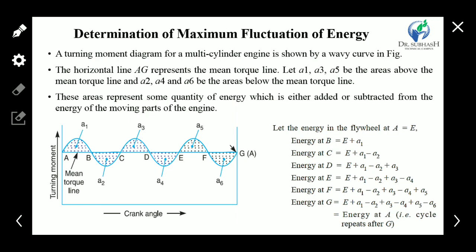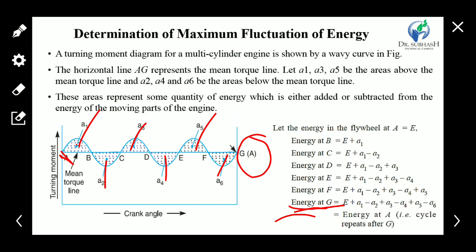And at G, it is E plus A1 minus A2 plus A3 minus A4 plus A5 minus A6. But at point G we can say that the cycle is complete, so the flywheel has the same energy at that point.